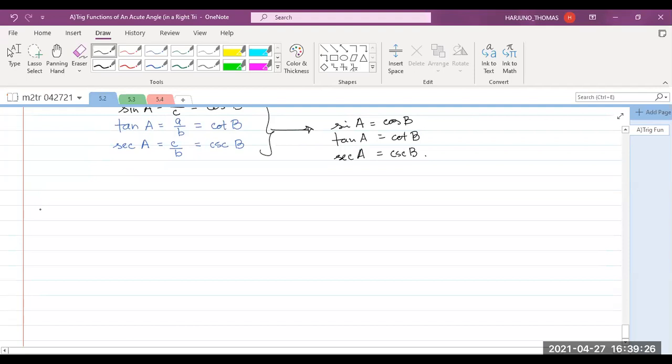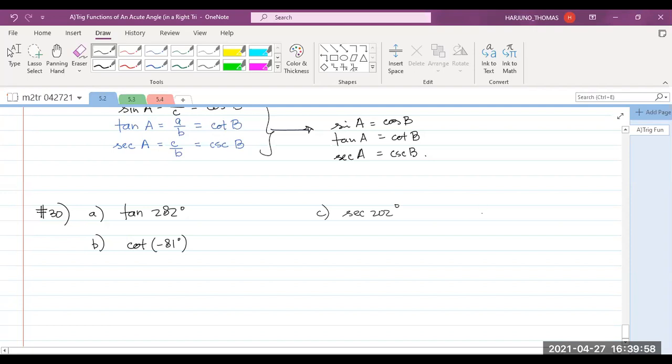Okay, let's take a look at number 30. Part A. What is tangent 282 degrees? Part B. What is cotangent negative 81 degrees? Part C. What is secant 202 degrees?